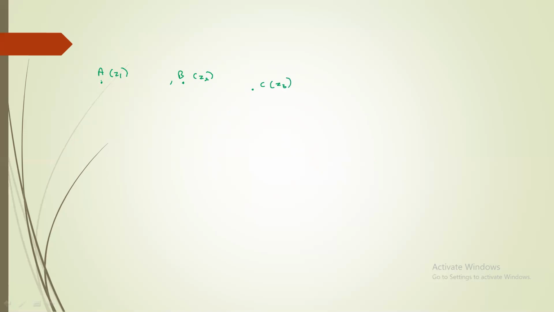How can you say these 3 points are collinear, lying on the same line? If you take the determinant of Z1, Z2, Z3, Z1 bar, Z2 bar, Z3 bar, 1, 1, 1, and you get 0, that means they are collinear.